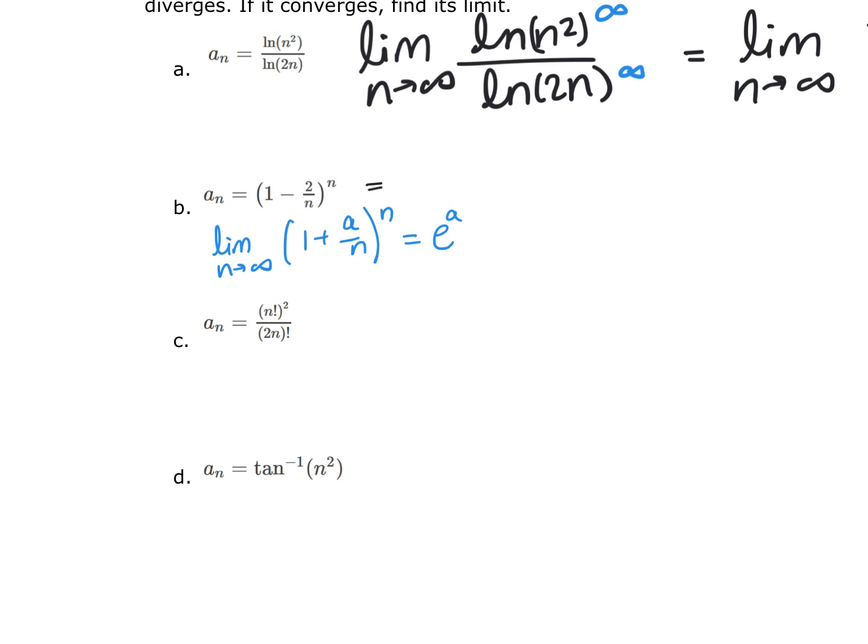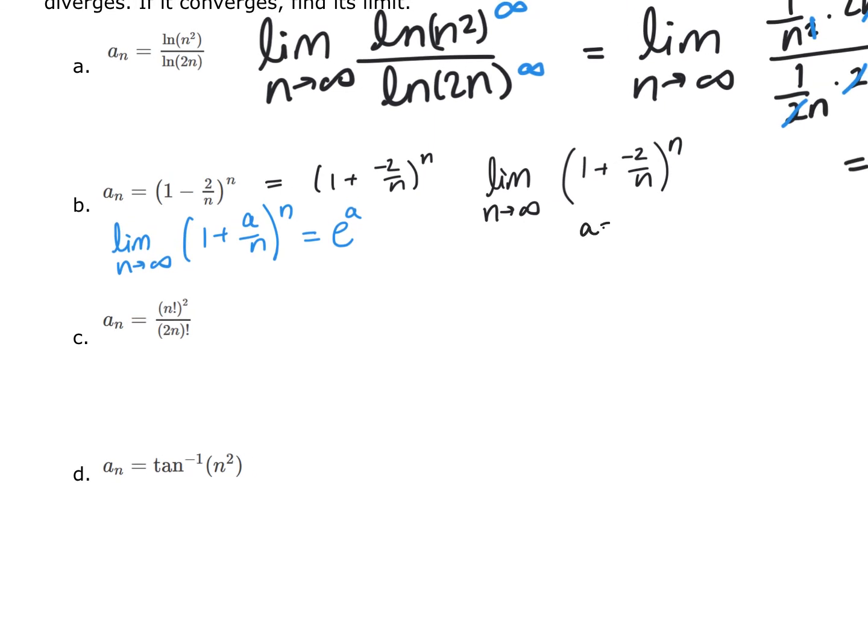So this can be rewritten as 1 plus negative 2 over n raised to the n, which means when we take the limit as n approaches infinity, a is equal to negative 2, so this converges to e raised to the negative 2, in other words, 1 over e squared. So it does converge, and it converges to 1 over e squared.